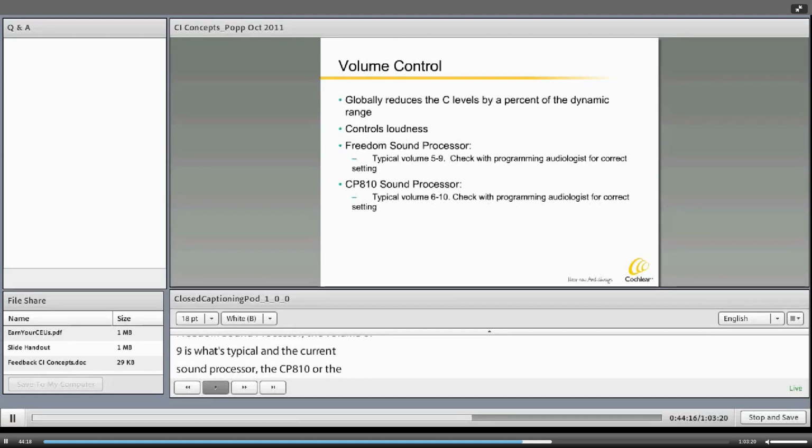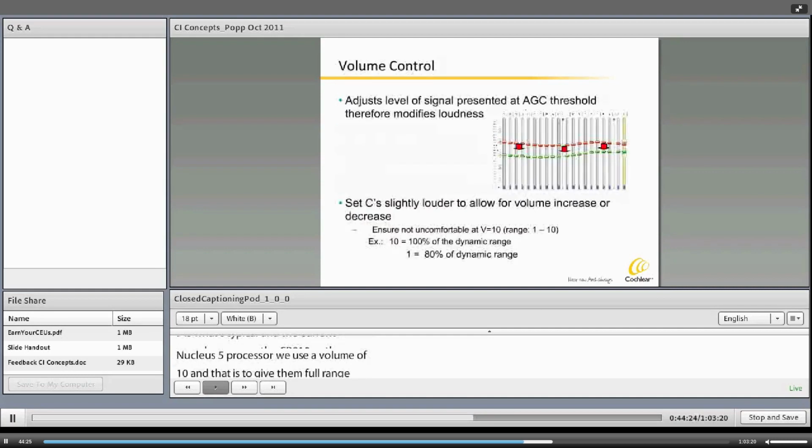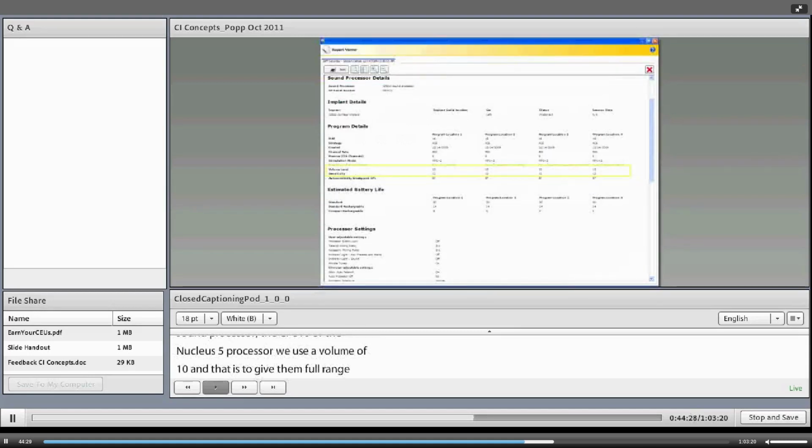And for most children, they use a volume depending on the processor. The Freedom Sound processor, the volume of 9 is what's typical. And the current sound processor, the CP810 or the Nucleus 5 processor, we use a volume of 10. And that's to give them that full range of access to their electrical dynamic range.